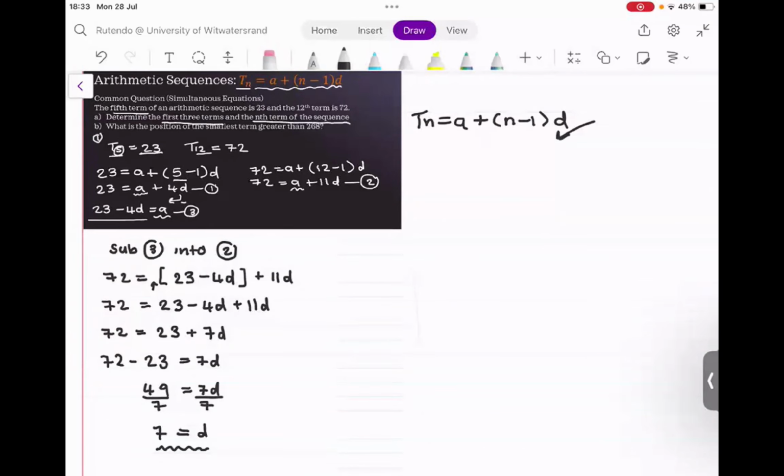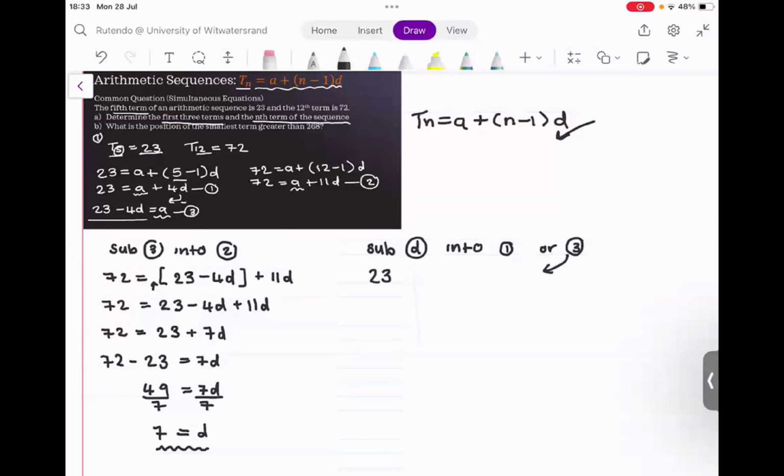So we're looking for A. So we can sub D into equation 1. You can put it into either equation 1 or equation 3, right? Because they'll give you the same answer. So I'm going to substitute it into equation 3.